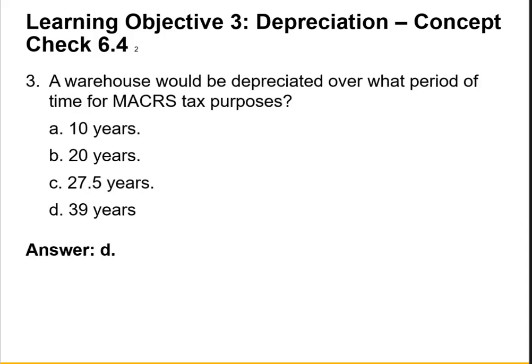Assuming it's all warehouse, none of it used for someone to live in, then it is commercial or non-residential, 39 years. Okay, so not overly difficult to figure out where an asset fits in those time periods.